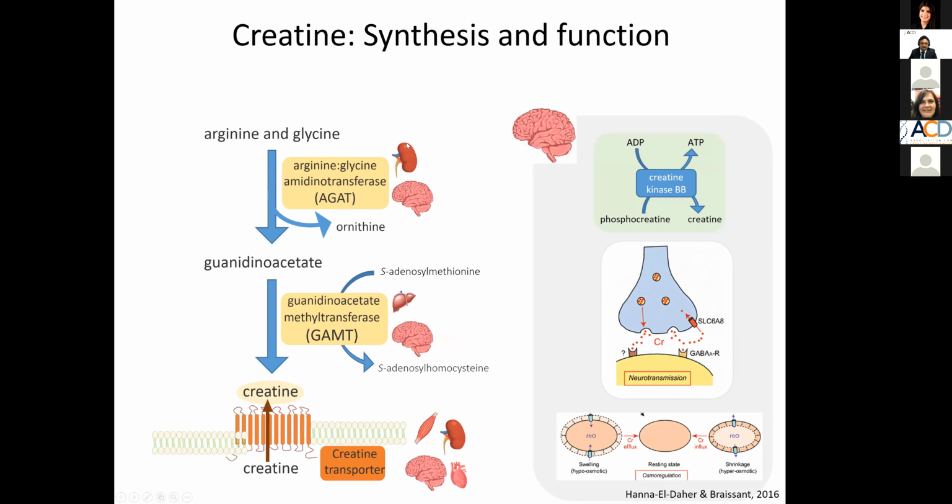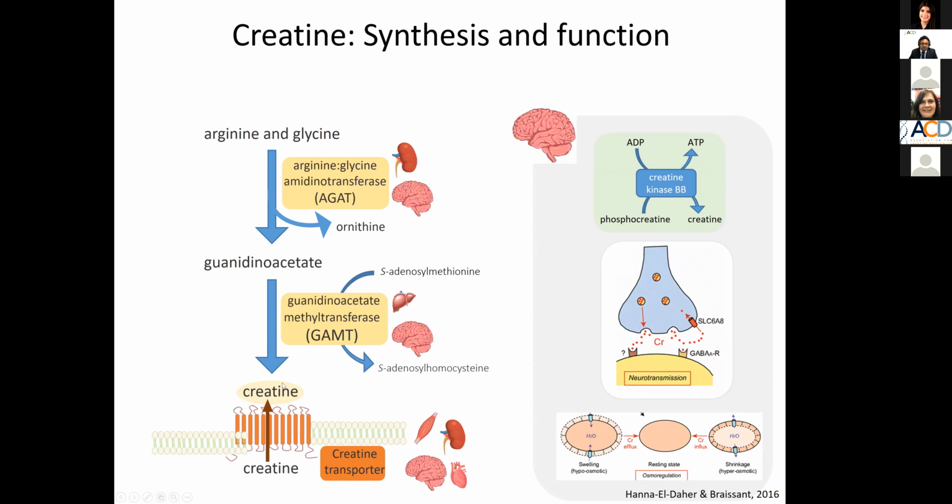If you look at the left-hand panel, typically in the kidney you have arginine and glycine, and the AGAT, or arginine glycine amidinotransferase, catalyzes the synthesis of guanidinoacetate, which is an intermediate, and ornithine. And this guanidinoacetate inside the liver gets converted into creatine in the presence of GAMT.